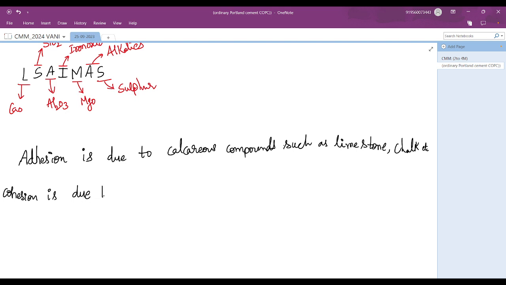Cohesion is due to argillaceous compounds or materials, argillaceous materials like clay.